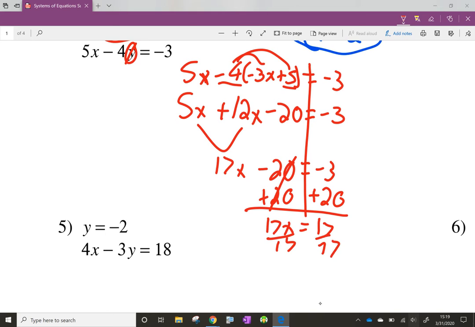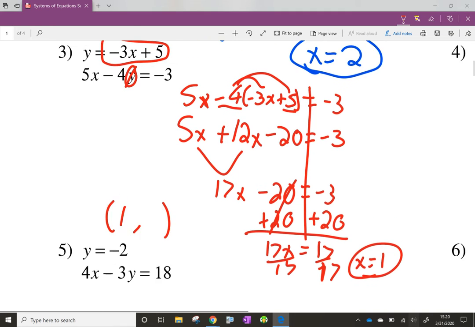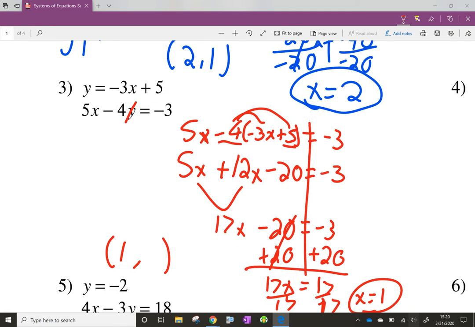Obviously, divide by 17, we're going to get 1. So x is equal to 1. So as we know, the x value of our answer is 1. All we have to do is figure out the y. So let's plug it in, right? Let's plug in 1. Let's use, obviously, the first equation. It will be the more simple one to plug into.